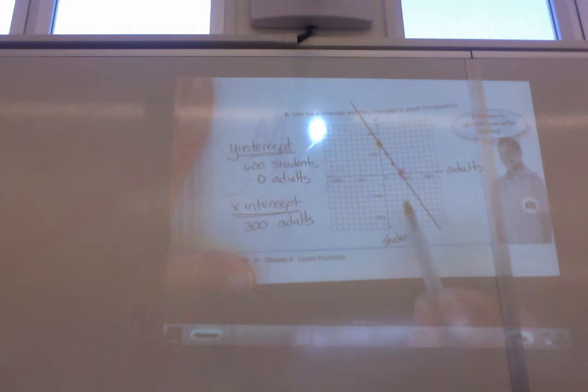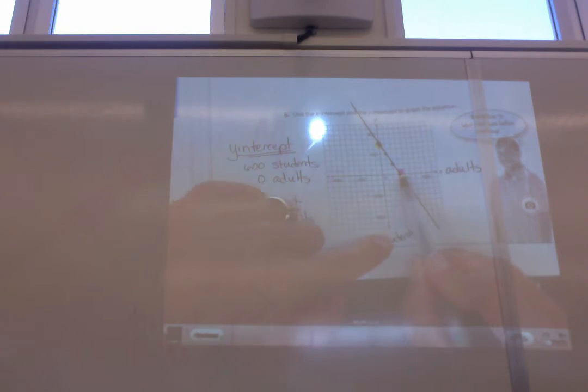Down here, right here in pink, we were looking at adults because that's where it crosses the x-axis. That's the x-intercept. We said that's 300 adults because that's a measure of adults along here. How many students? Students is up or down, and again it's 0.